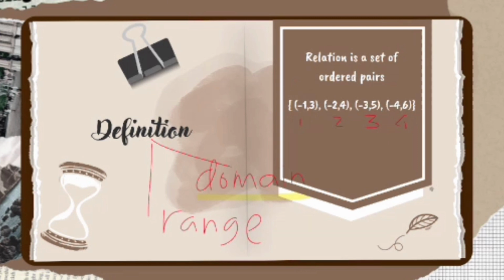In the first coordinates, remember the Cartesian coordinates, which are represented by X and Y. So the domain X is -1, -2, -3, -4.